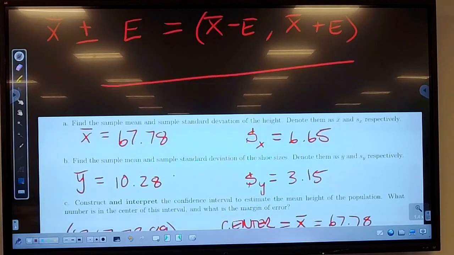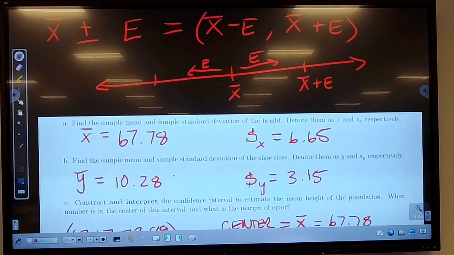The interval would look like this on the number line. X bar is in the middle, and when I add the error, I'm going to be over here at this number, which must be x bar plus the error. If I subtract the error, then I must be over here at this number, which is x bar minus the error. That's it.